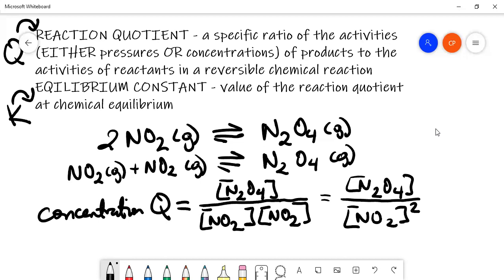In other words, the coefficient of the reactant goes into a superscript, raised to that power of the denominator's activity.